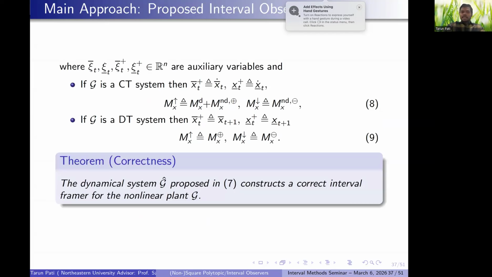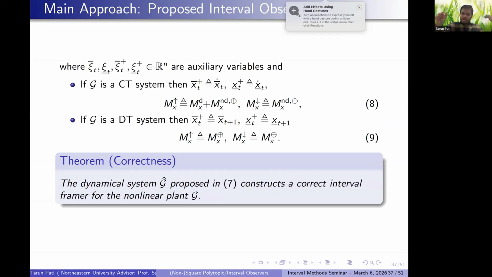The key thing is that for the state matrices, for both the discrete and continuous cases, we split them into positive and negative parts for the discrete case.